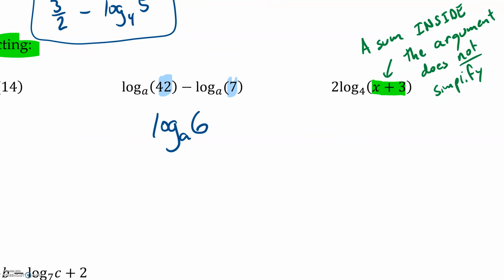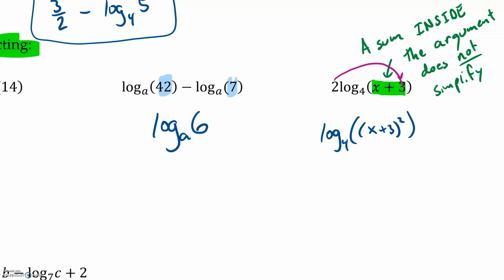We can simplify the sum of two logarithms that have the same base, but I can't simplify a sum that's inside the logarithm. What I can do with this expression, because there's this factor of 2 in front, I can turn that factor into an exponent on the inside and rewrite this expression as log base 4 of x plus 3 squared. And now I can do some algebra inside the argument.